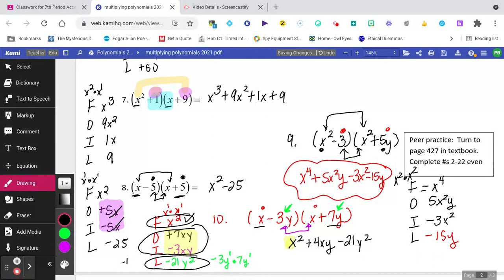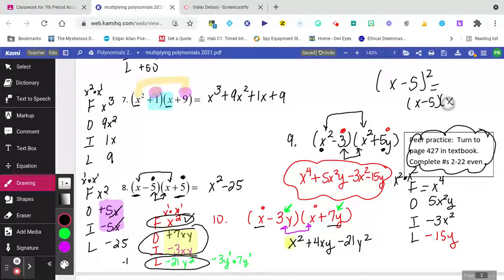All right, your job is going to be to work on your homework, which is going to be on page 427, 2 through 22 even. And I'm going to upload that. Guys, if you see anything that looks like this on your homework, that just means x minus 5 times x minus 5.